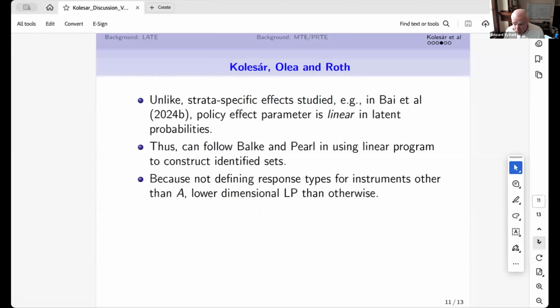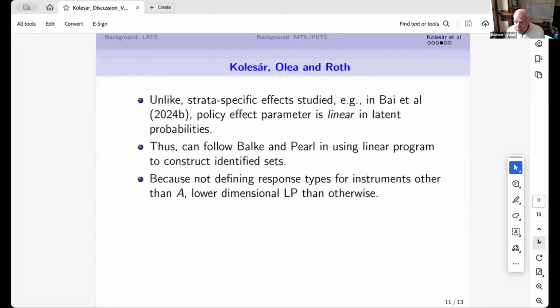So one thing that they do, which I think is actually really nice, and at least to me was a little bit unexpected, is that the policy effect parameter, given the way they represent the latent probabilities, is linear in the latent probabilities.